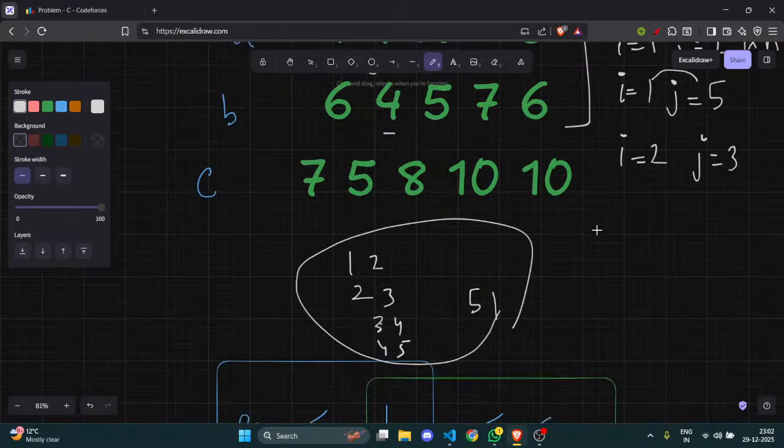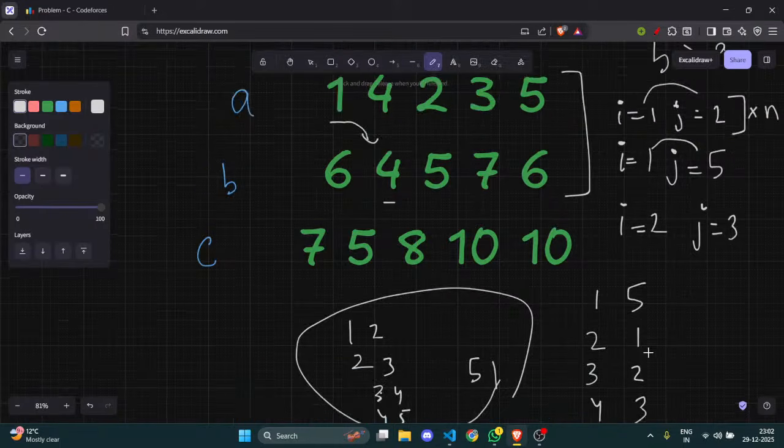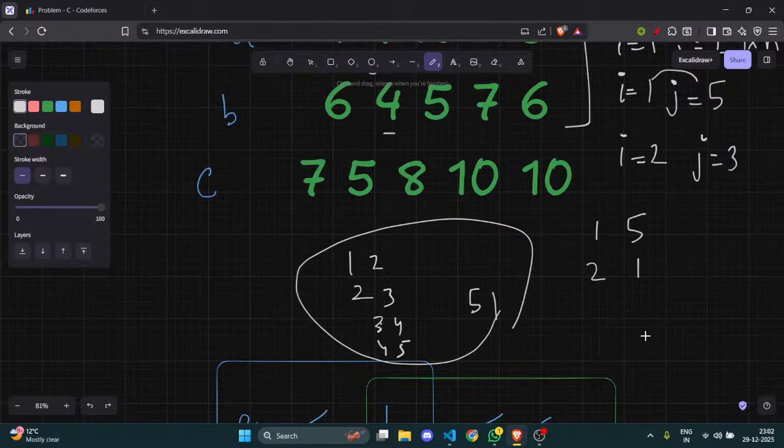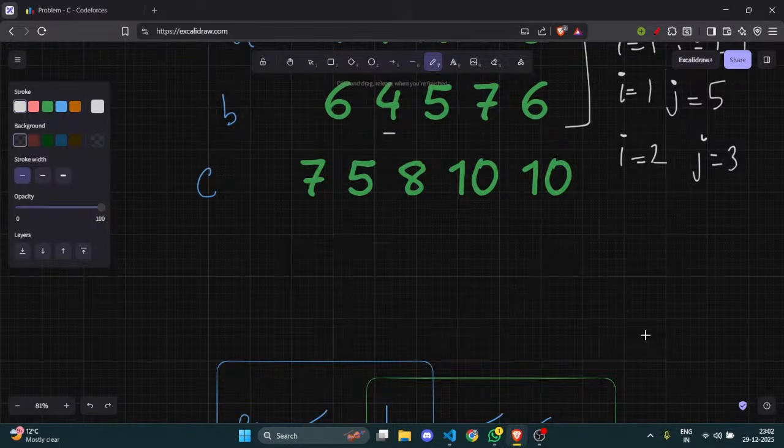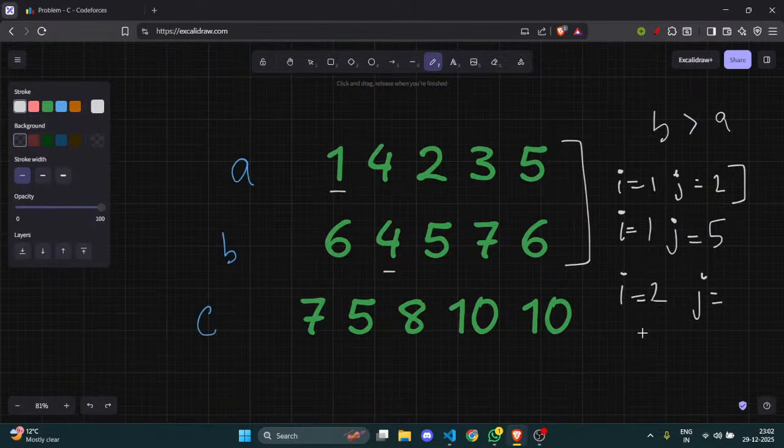Similarly for 1 5, I can write 1 5, 2 1, 3 2, 4 3, and 5 4. These are five pairings I can get. So these were the five pairings I can get.